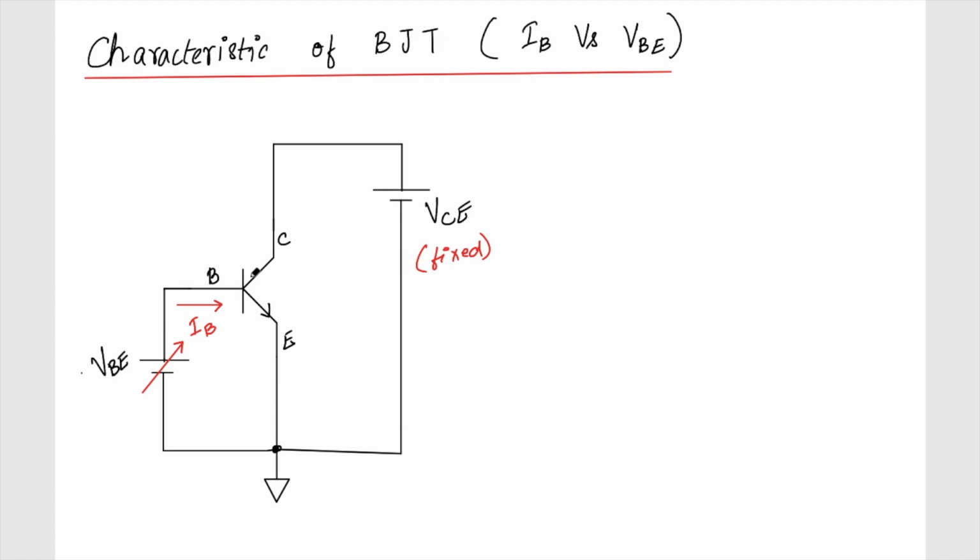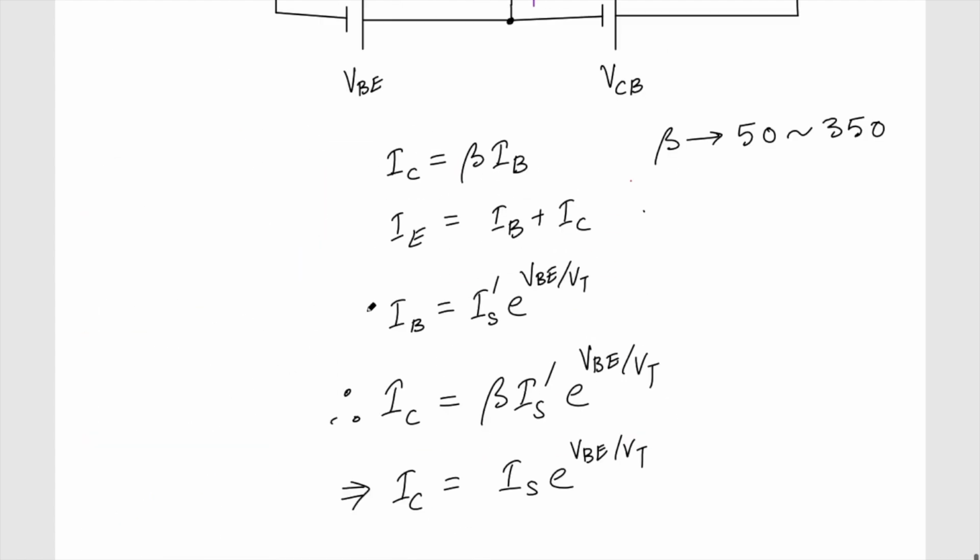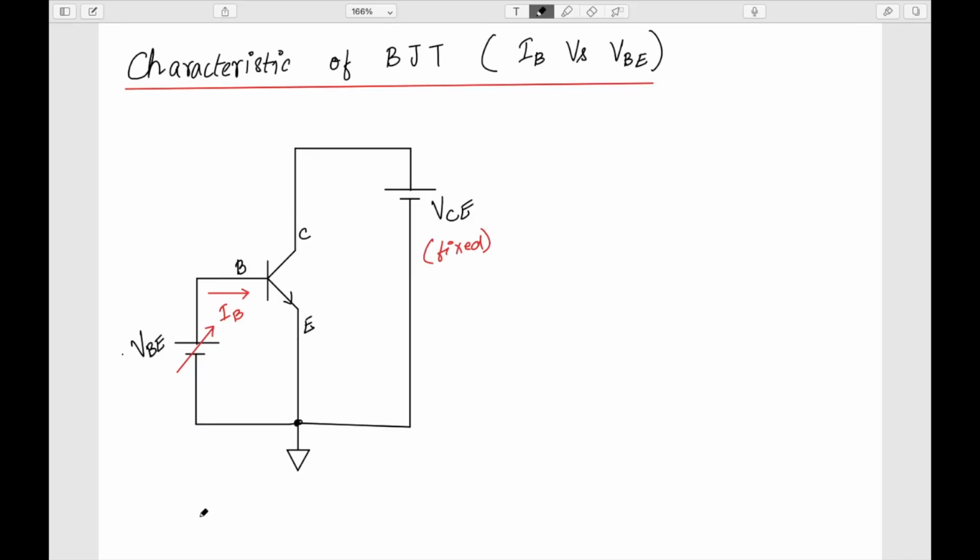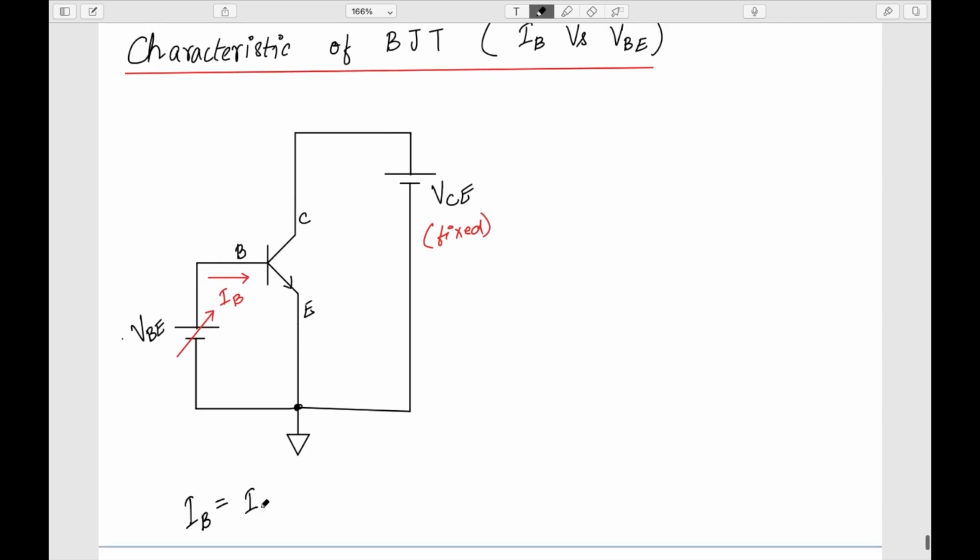If you see this region, we know that this is a forward bias PN junction, and as we have discussed before, it follows this expression: IB equals IS dash e power VBE by VT, the same as the diode. So in this case, I have IB equal to IS dash e power VBE by VT.